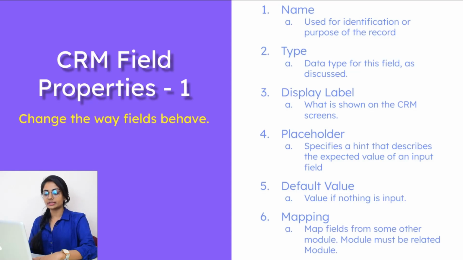Mapping is used to mark fields for other modules. For example, if I have contact number and email address available on a contact module, and I'm relating the contact module with the ticket module, I want the email or contact details available in my contact to be set automatically in the CRM's ticket module, so that the engineer from my service team can access that data even if they do not have access to the KYC database.